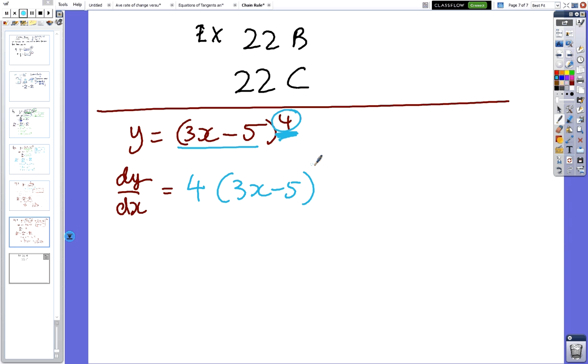Subtract 1 from the power, and then the final step is multiply by the derivative of the bracket, which is 3. This first part is your dy du, and this last part is your du dx. And then just multiply through.